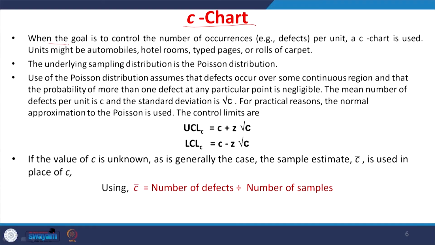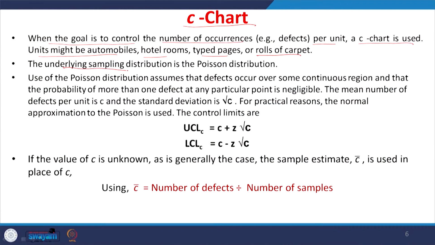When the goal is to control the number of occurrences per unit, the C chart is used, and these units may be number of automobiles, hotel rooms, typed pages, rolls of carpet. So, any kind of unit depending upon your organization's requirement, you can decide.